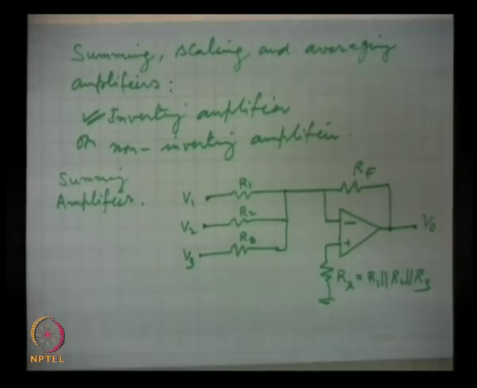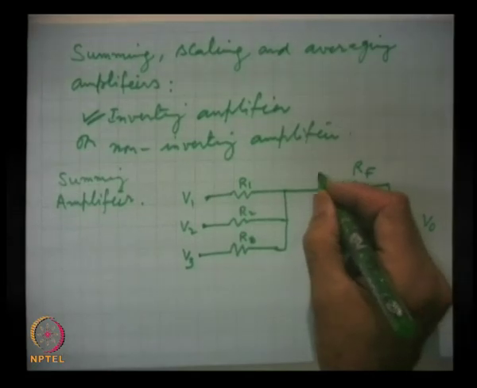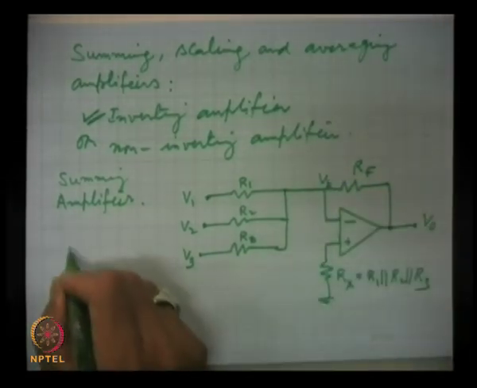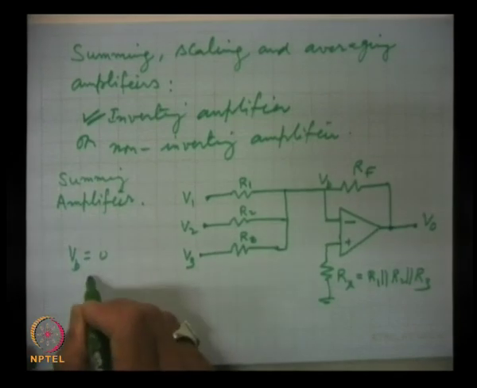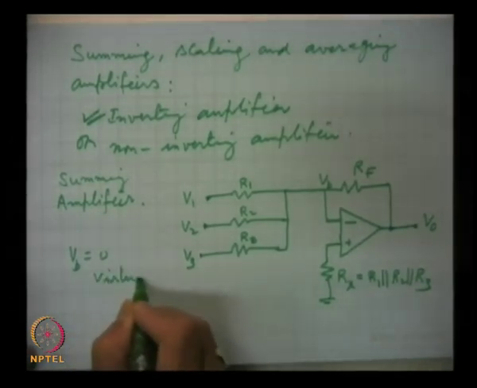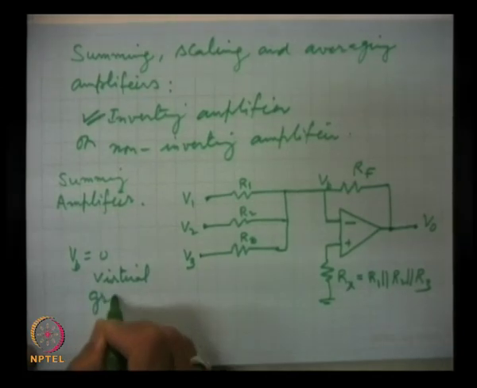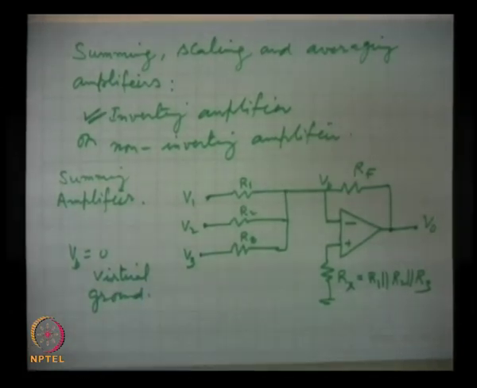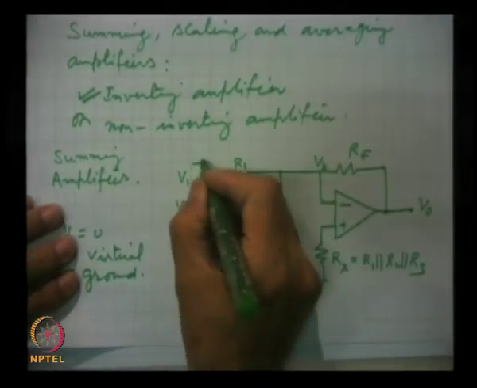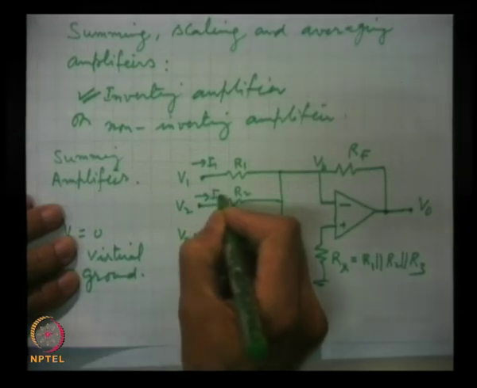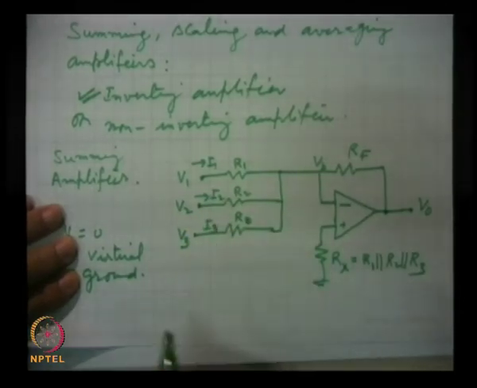So, in this voltage VB, remember VB is 0, a virtual ground. Now, we will take this and we can write that the currents here, this is I1, this is I2, this is I3.